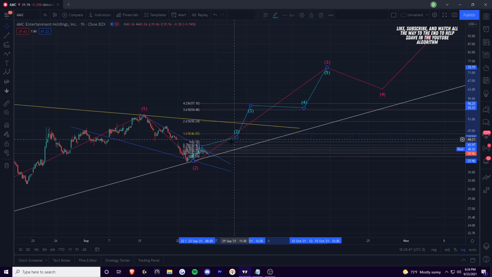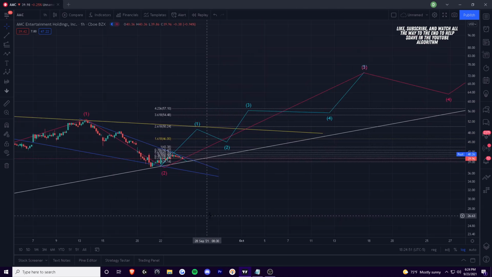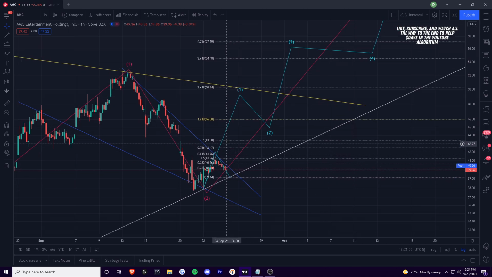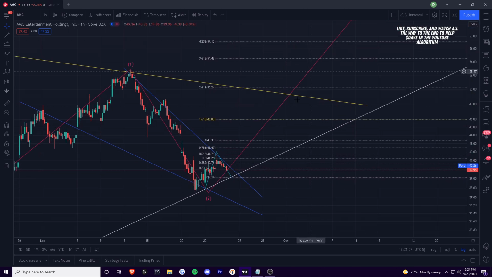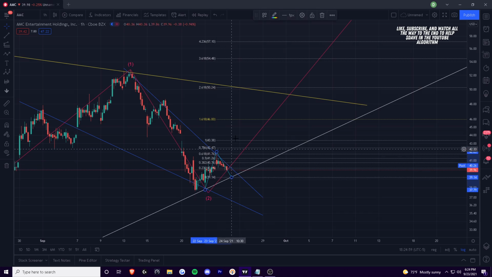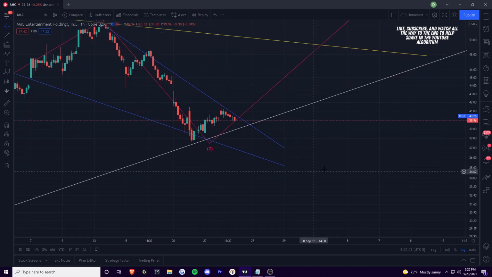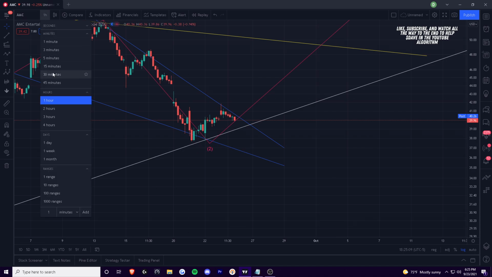I'm just trying to digest it because I haven't looked at the chart since earlier, so I just gotta see where I'm at with it. Yeah, I just don't think we have the momentum for that big of a move here, unless this corrects itself up. So let's get a little bit more granular here.